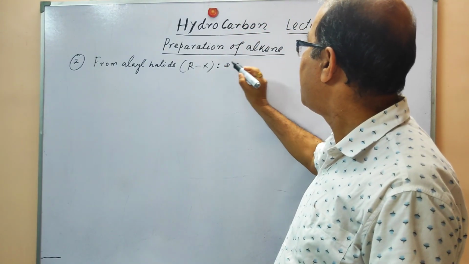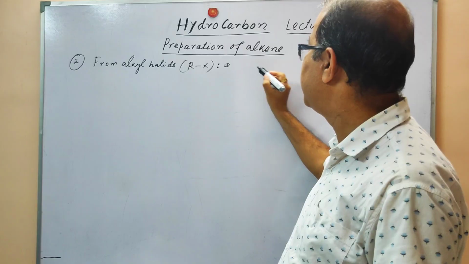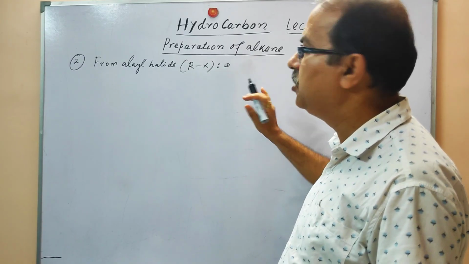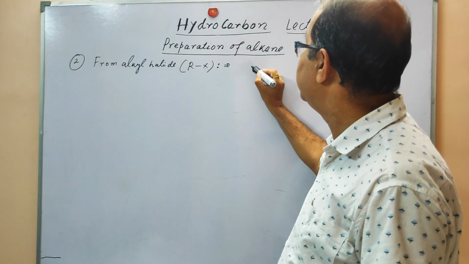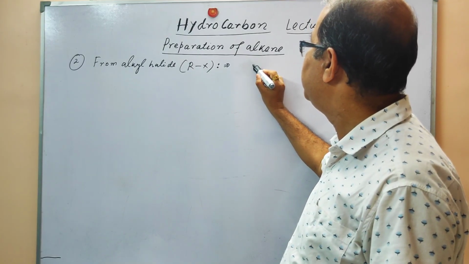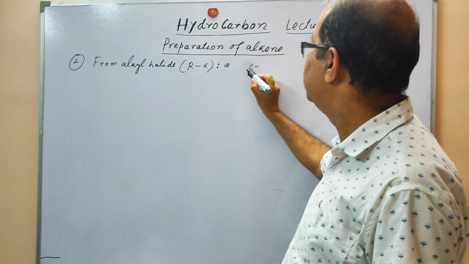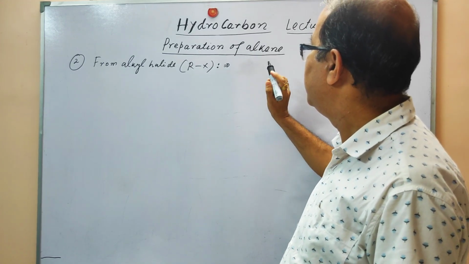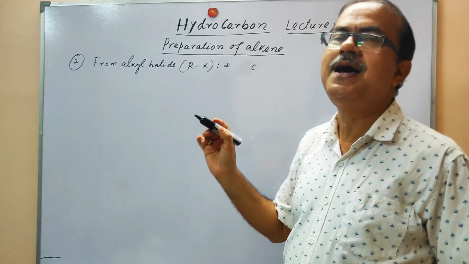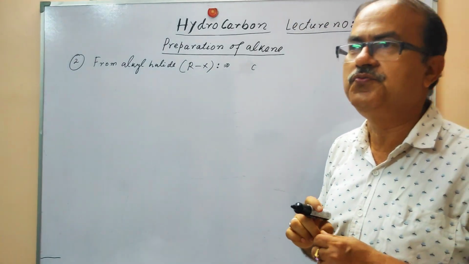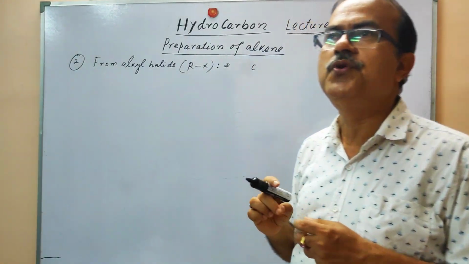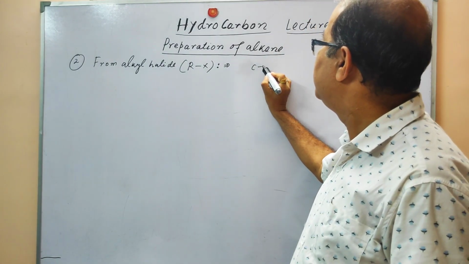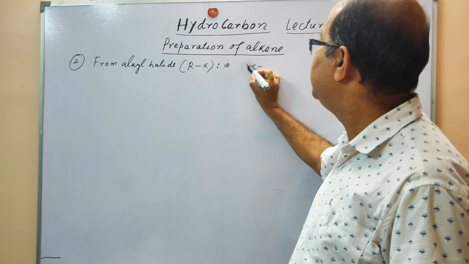So the reaction of this is like this. We are taking one particular alkyl halide. We are not taking methyl halide, because from methyl halide we cannot produce the alkene. We require at least a minimum of 2 carbon atoms in the alkene. So it will be the ethyl halide.